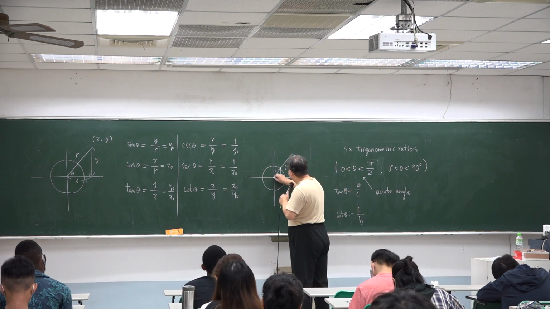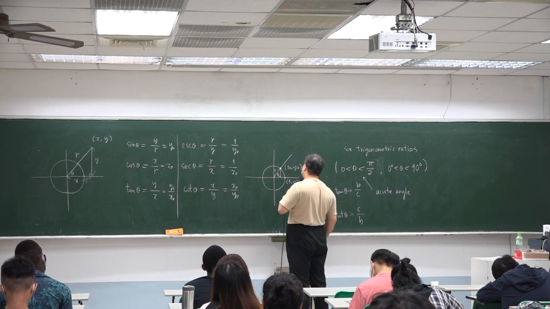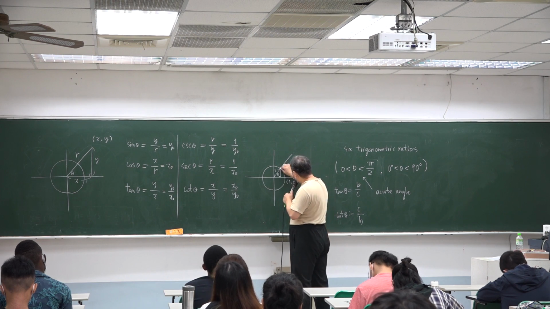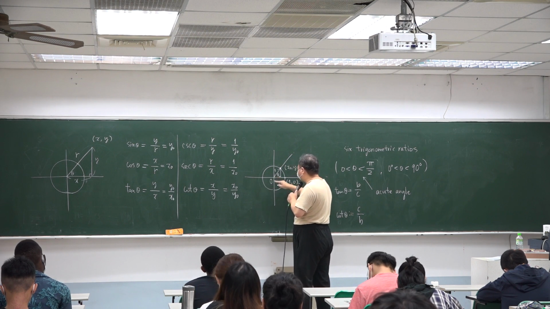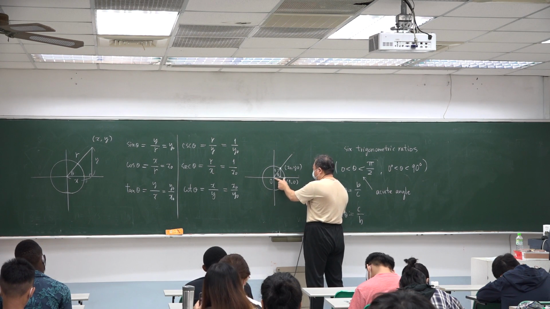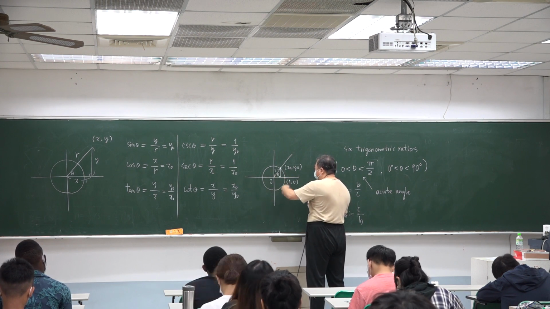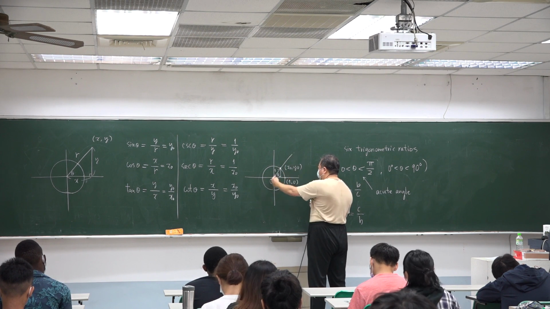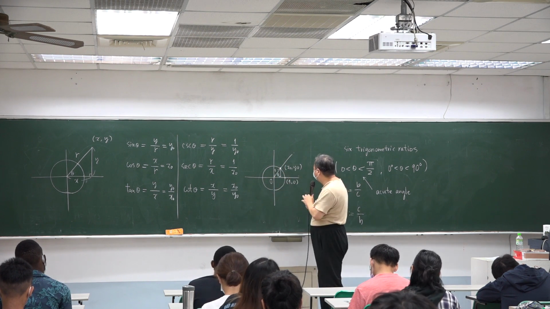When theta is given, we consider the intersection of the unit circle. Unit circle means a circle whose center is the origin and of radius 1. Okay, the intersection of the unit circle and this ray.